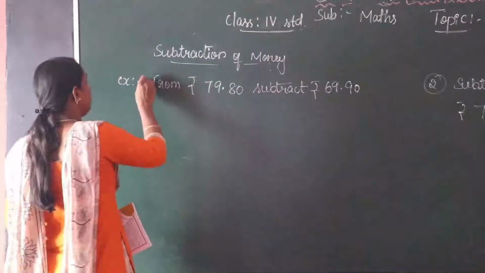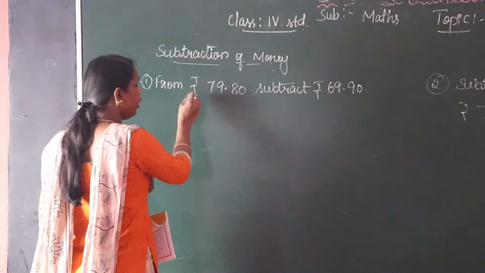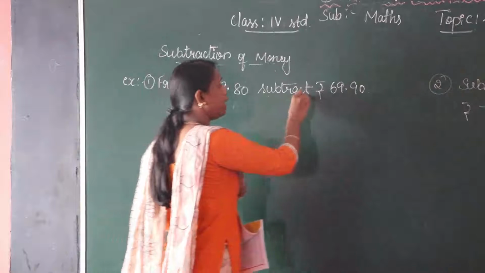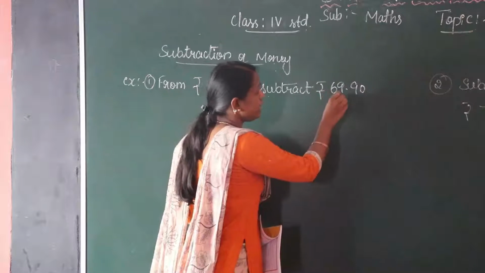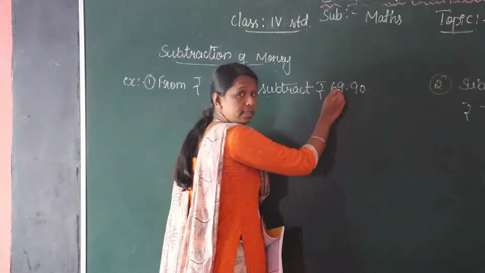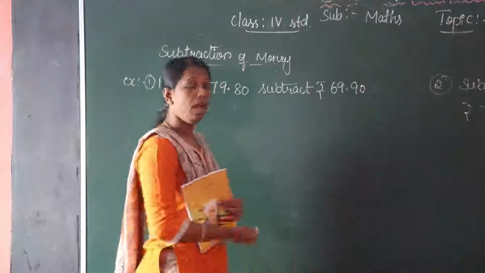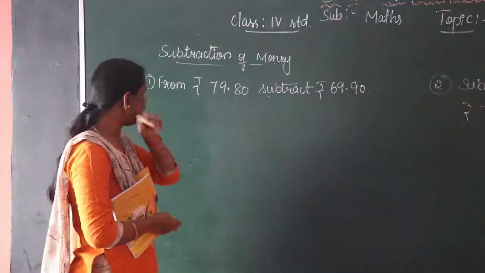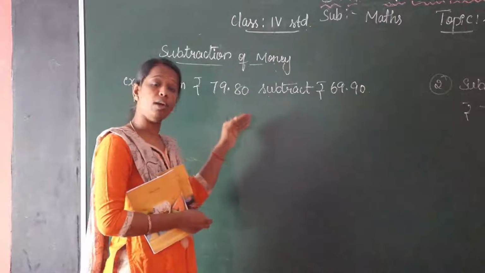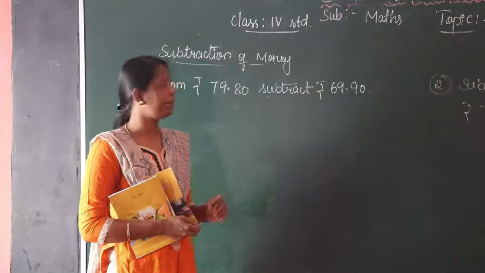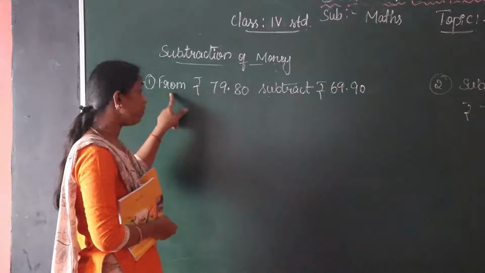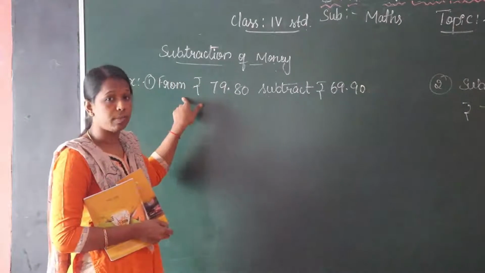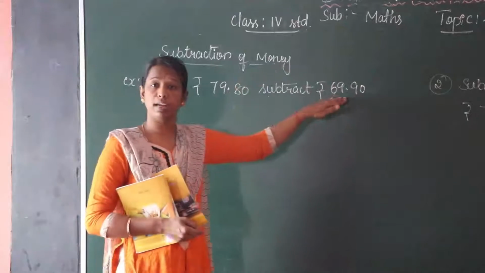Question number 1: from rupees 79.80 paisa subtract rupees 69.90 paisa. Observe children, which is the bigger number here? Write that in the minuend place, and the smaller number you write in the subtrahend place. Here, 'from' means we write it as the minuend, and then we subtract the subtrahend.